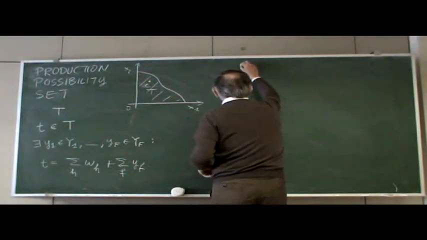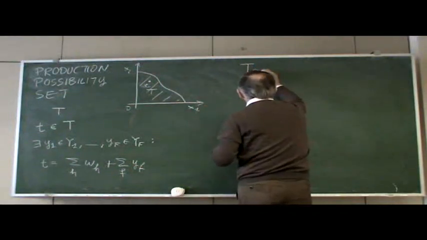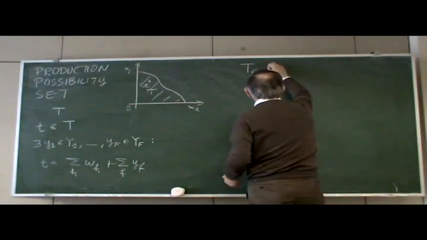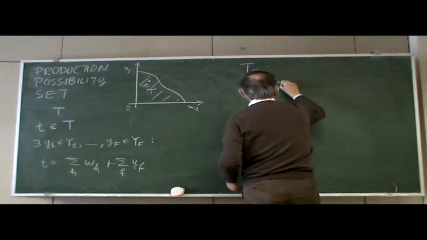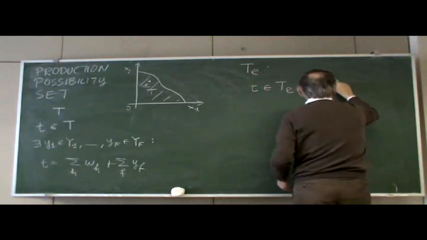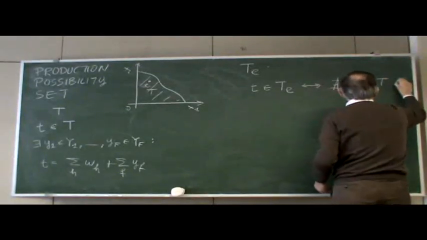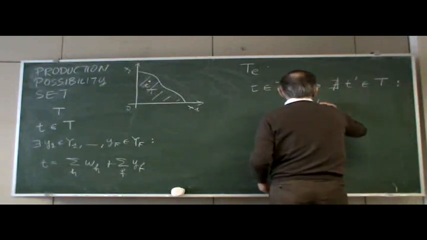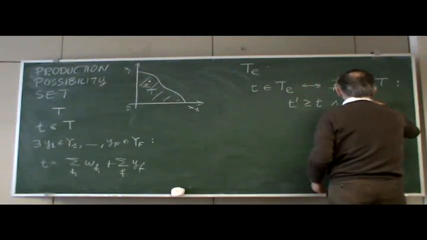In the production possibility set, it is possible to isolate the set TA of efficient vectors. A vector t will belong to TA if and only if there does not exist a vector t prime such that t prime has all the components greater or equal than t, and t prime is different from t.